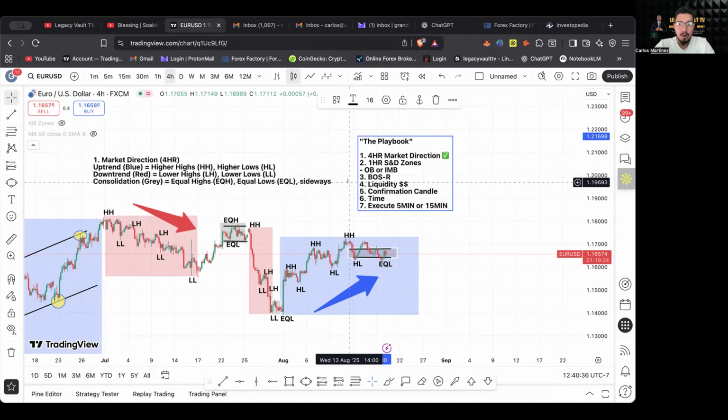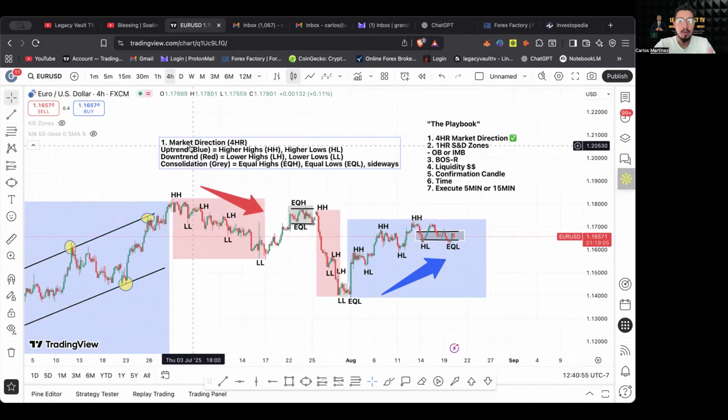Now, the first step we're going to cover here is the 4 hour. We're looking at the 4 hour time frame, and I look at the 4 hour for market direction to see where price is going, what the trend is, whether it's an uptrend, downtrend, or a consolidation. These are the three market phases. You have uptrend, which is in blue, downtrend in red, and consolidation in gray.